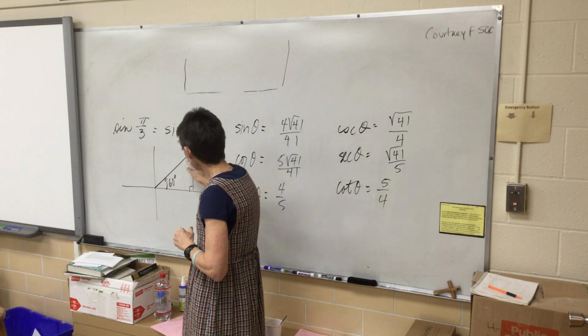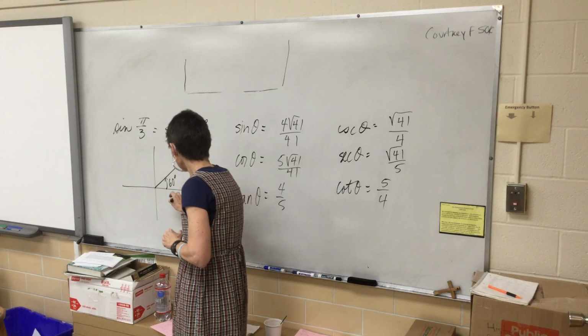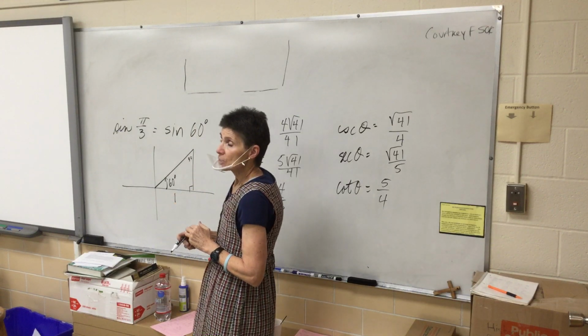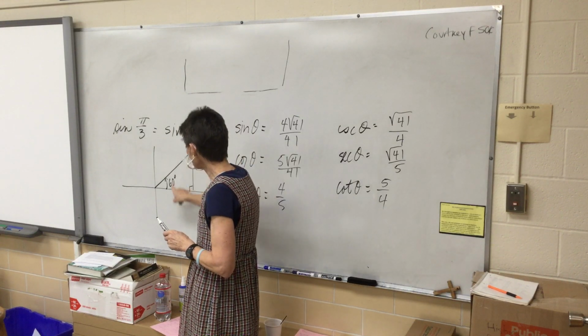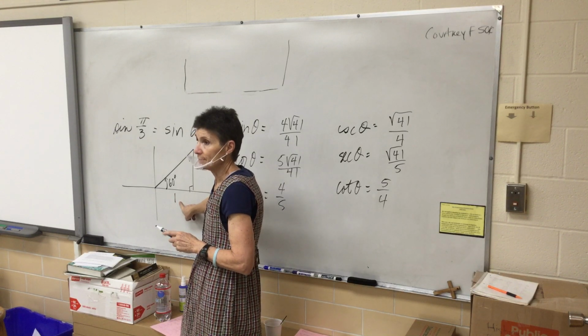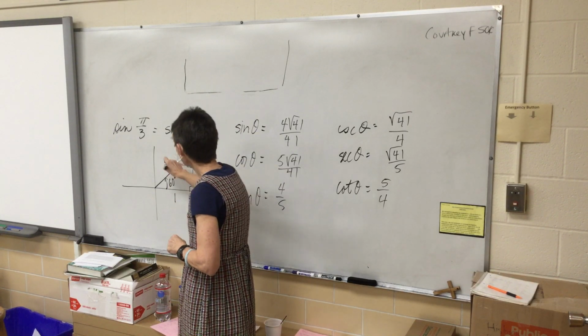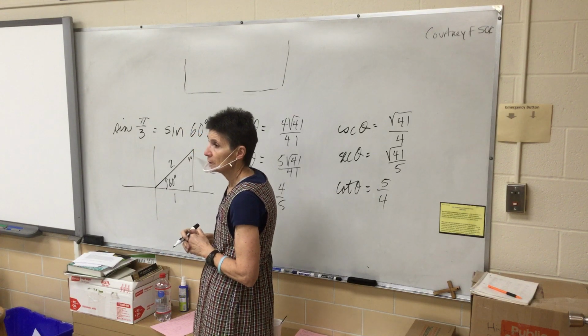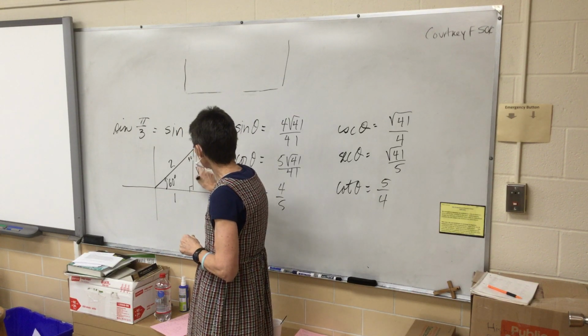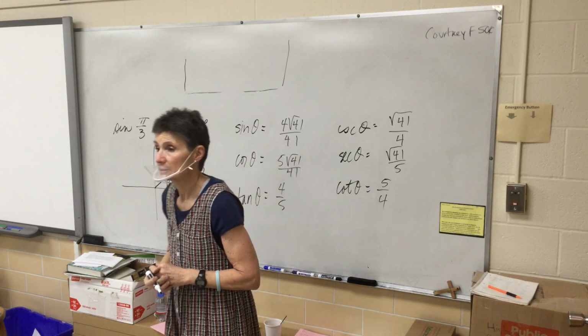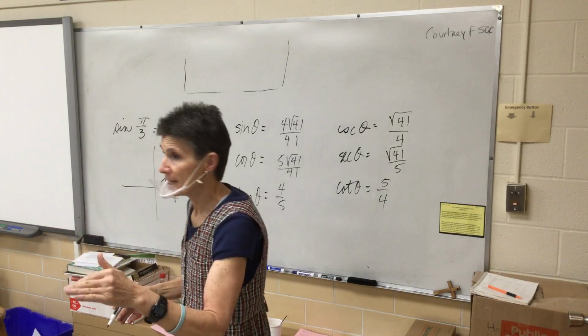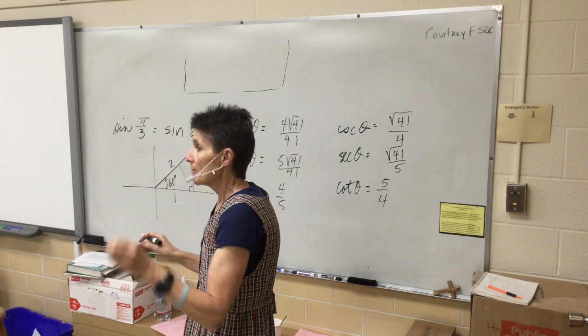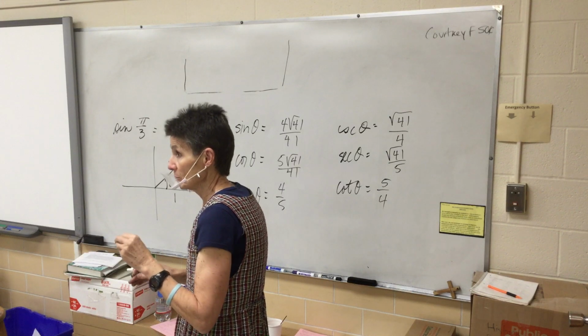I know that the side across from the 30 is always 1. So whatever side is across from the 30, it's 1. The hypotenuse is 2, and the other side is root 3. That will never change, no matter what. They're always in that ratio.